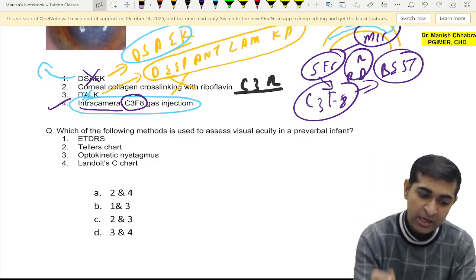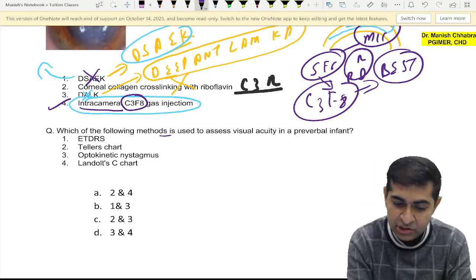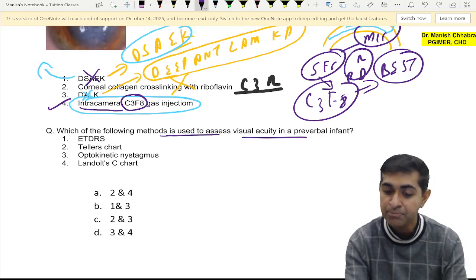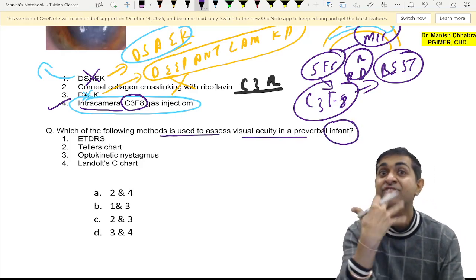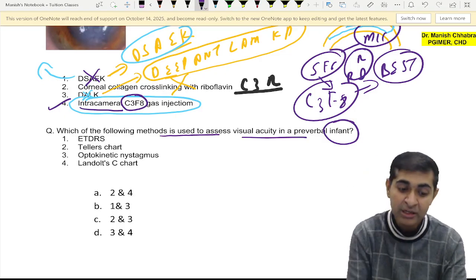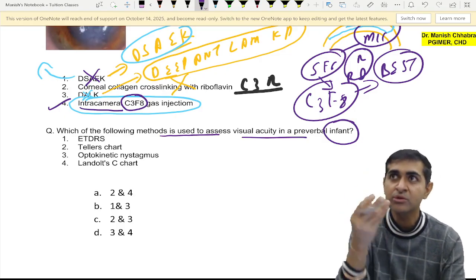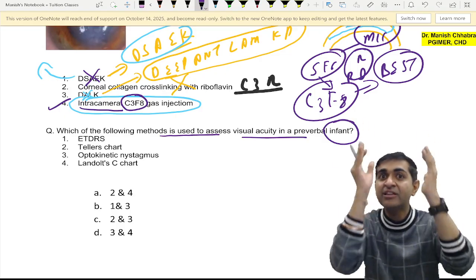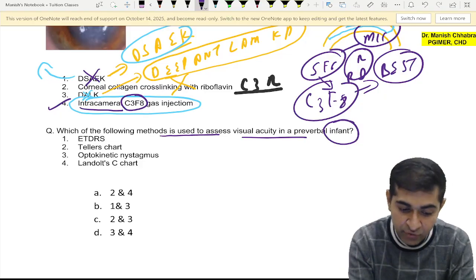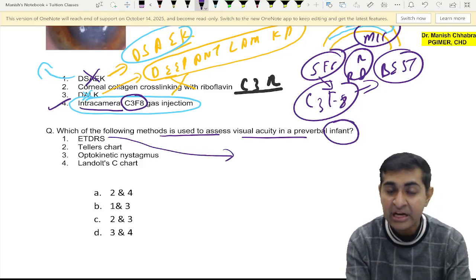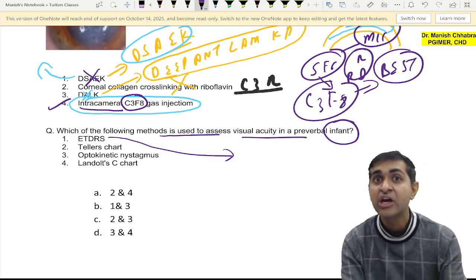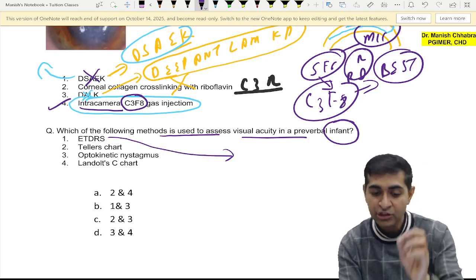Okay, now which of the following methods is used to assess visual acuity in a pre-verbal infant? Pre-verbal means not able to speak, not able to identify the letters which are written. So first is your ETDRS chart. ETDRS is the Early Treatment Diabetic Retinopathy Study.